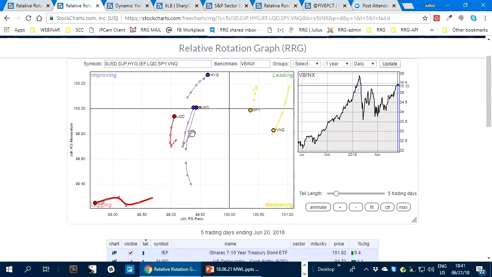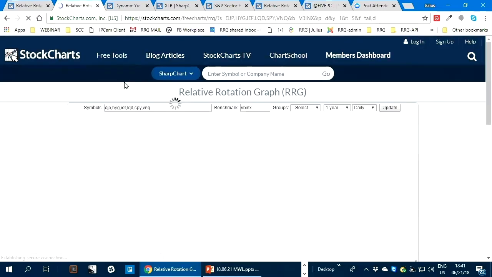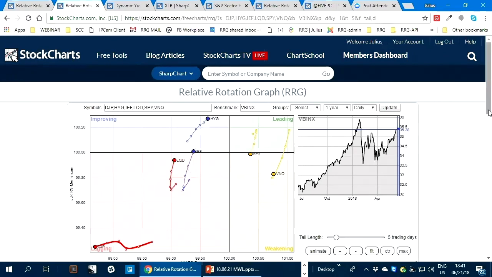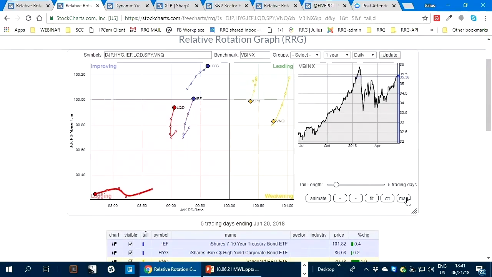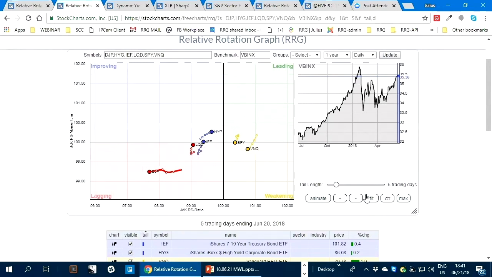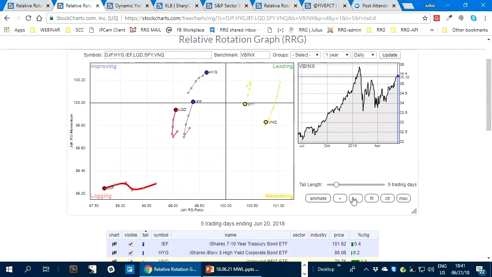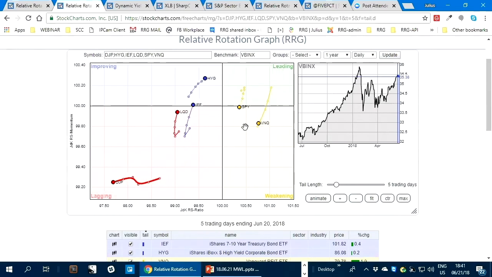And IEF, and I'm going to take out US dollar. Here is IEF, now you can see it more clearly. IEF has started to move up very clearly now. So based on the daily, we now see the shift out of equities into bonds.